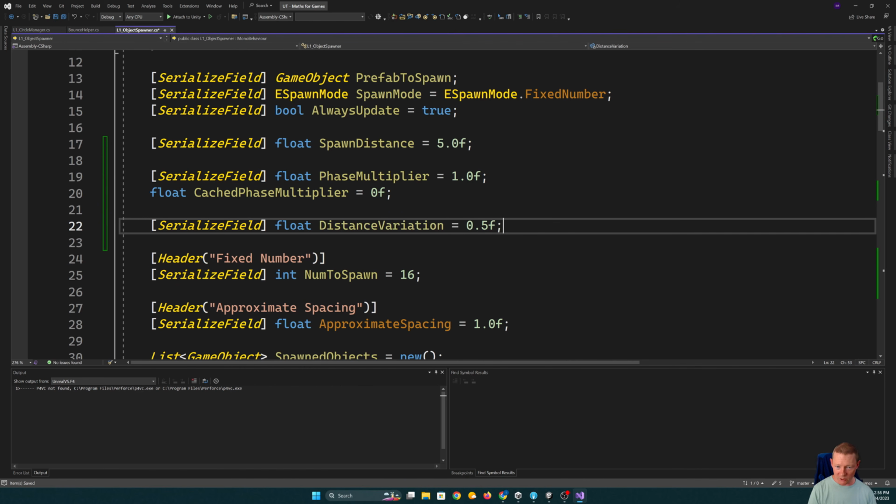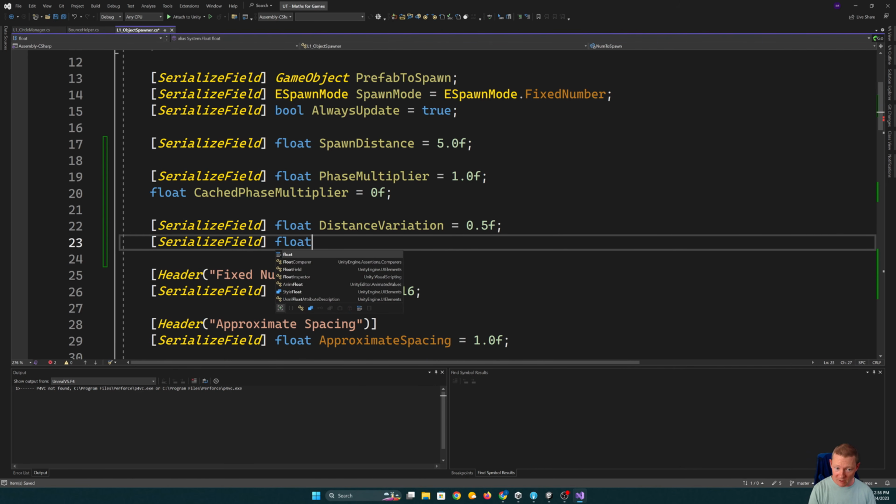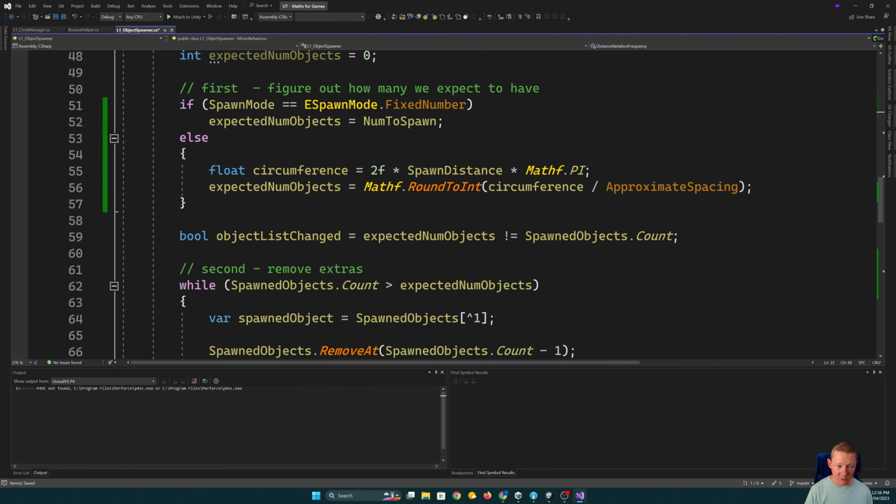And we'll default that to 0.5 meters. So the idea being that where it spawns, it can be 0.5 meter in or out from that. I'm going to make it so I can control the frequency of that. So distanceVariationFrequency, which I'll default initially to 0. So there's no changes being applied to it.